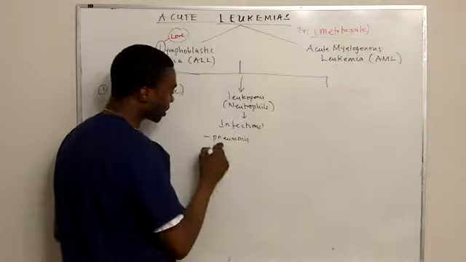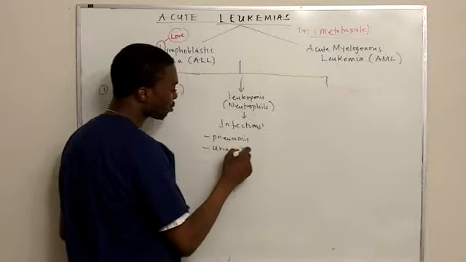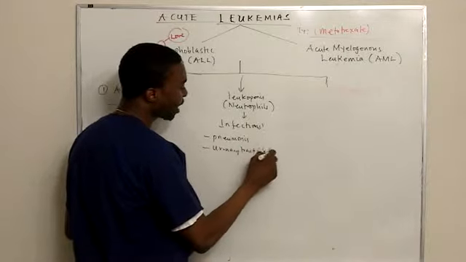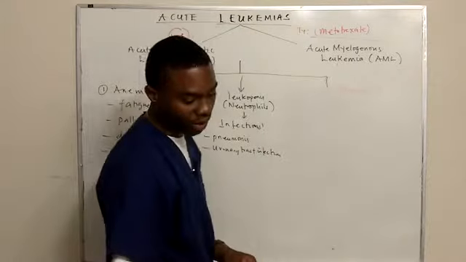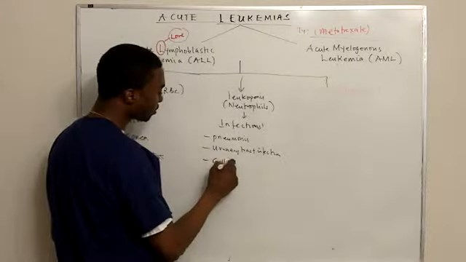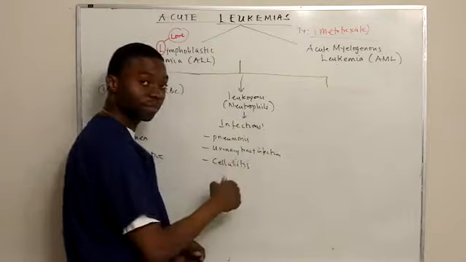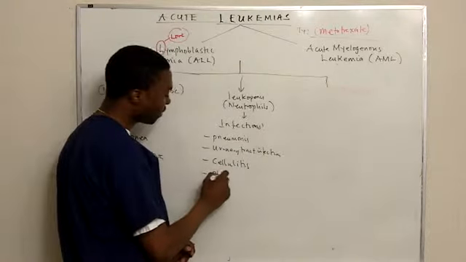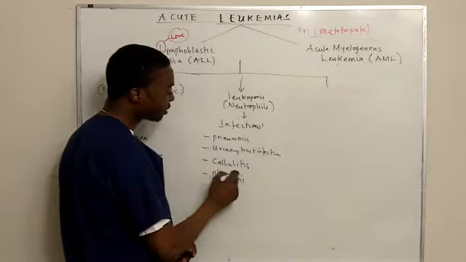In the urinary tract, they develop urinary tract infections, and also they can develop cellulitis, which is infection of the skin, pharyngitis, right?